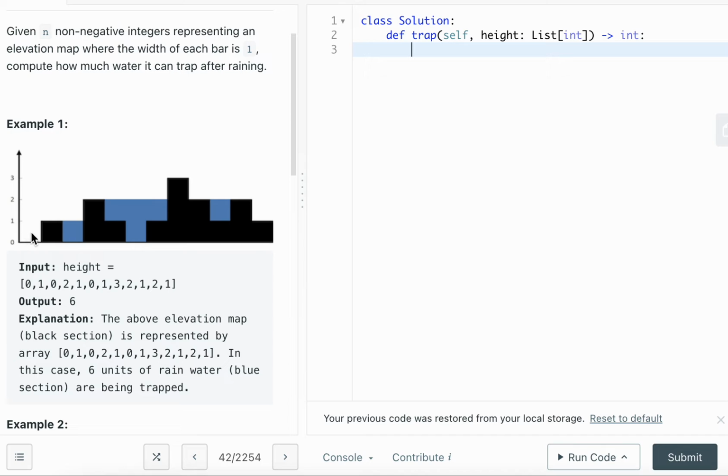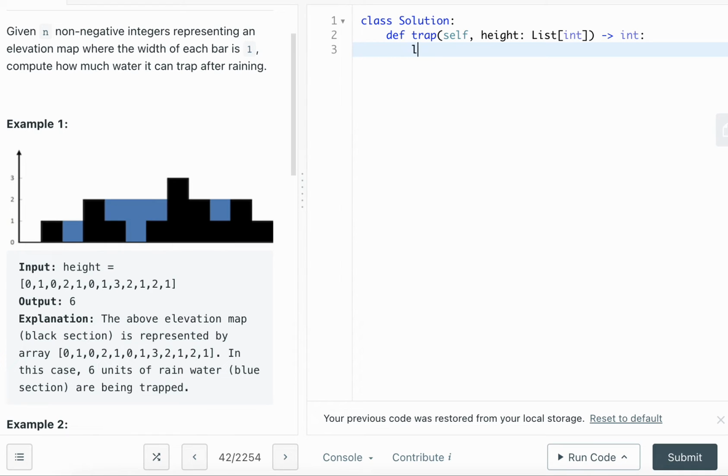The way I determine which side to shrink is: whichever of the left max and right max is smaller, I shrink that side, because I want to get rid of the smaller number. So I keep shrinking to the middle. That's how I calculate the number.